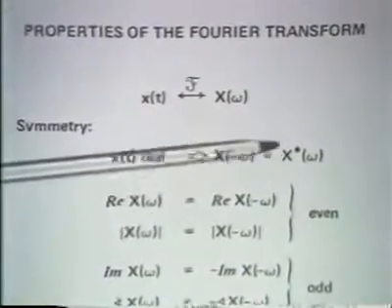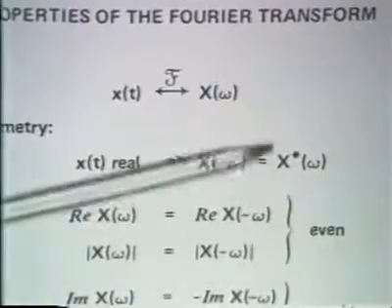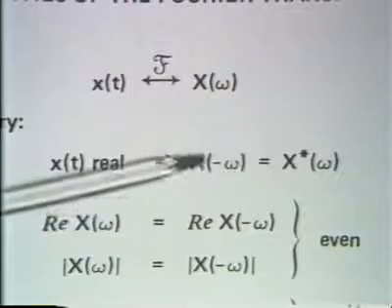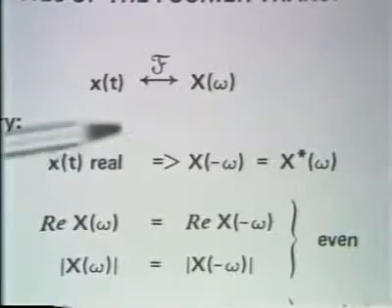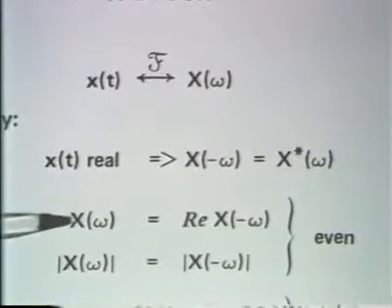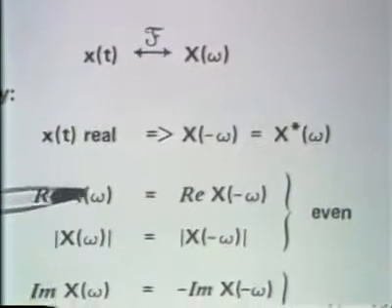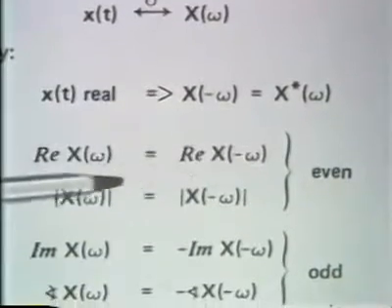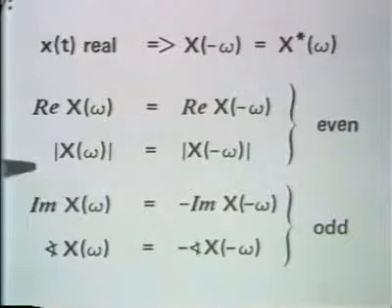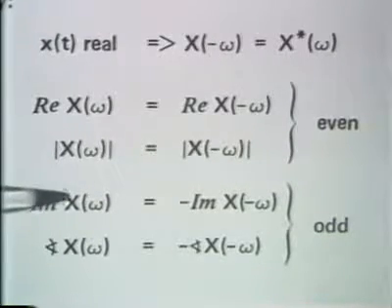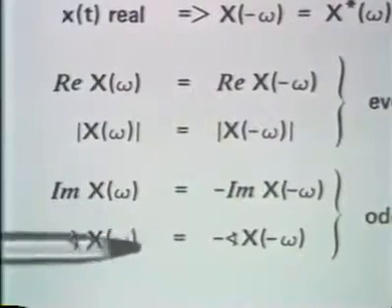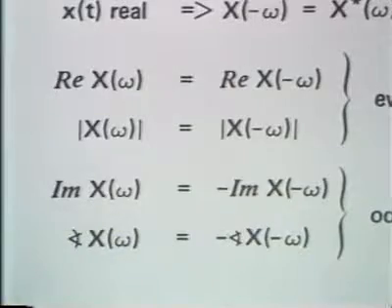In other words, if we take the complex function F of omega and its complex conjugate, that's equivalent to replacing omega by minus omega. And a consequence of that, if we think in terms of the real part of the Fourier transform, the real part is an even function of frequency, and the magnitude is an even function of frequency, whereas the imaginary part is an odd function of frequency, and the phase angle is an odd function of frequency.